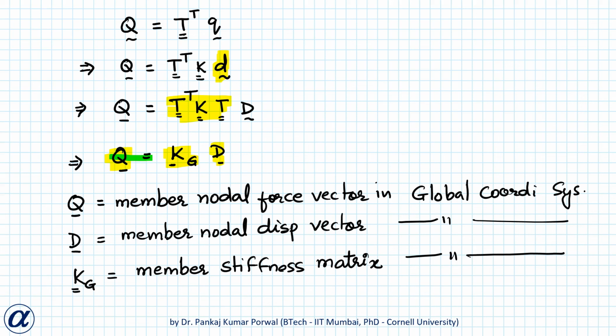Now we can write this force displacement relationship for each member in global coordinate system, and these equations can be assembled to give force displacement equations for the entire system.